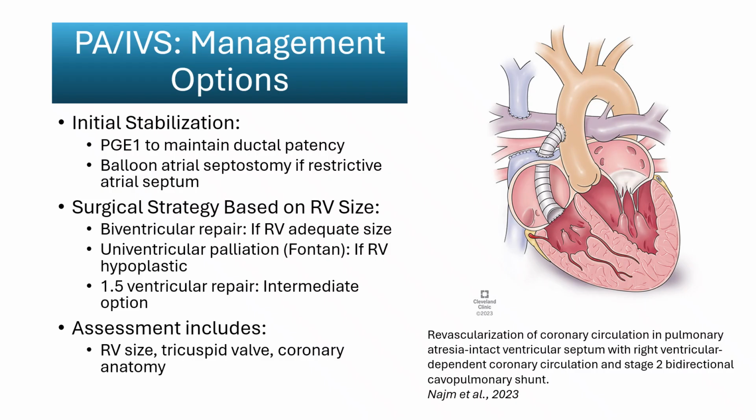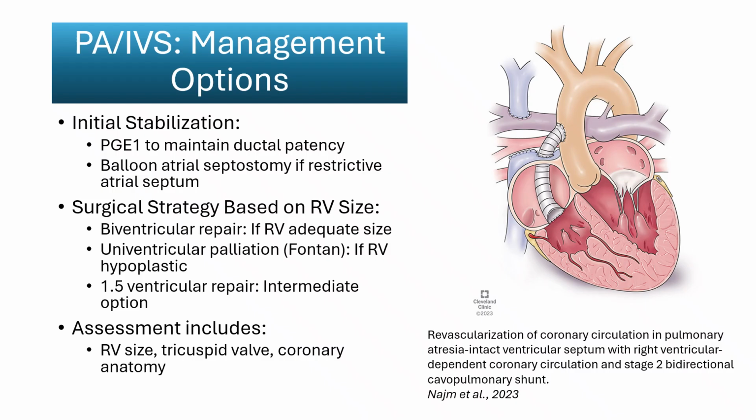In infants with an adequately sized right ventricle and competent tricuspid valve, a biventricular repair is possible and may include pulmonary valvotomy or transcatheter valve perforation with subsequent dilation. When the right ventricle is severely hypoplastic or when coronary circulation is dependent on high right ventricular pressure, univentricular palliation with staged Fontan pathway becomes the safer strategy.